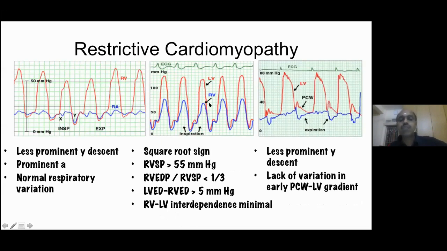RV systolic pressure will be high in restrictive cardiomyopathy. The RV-ED to RV systolic pressure ratio difference and the LV to RV ED ratio we have already told. The interdependence is minimal. The pulmonary artery wedge pressure trace also shows a less prominent Y descent compared to constrictive pericarditis.